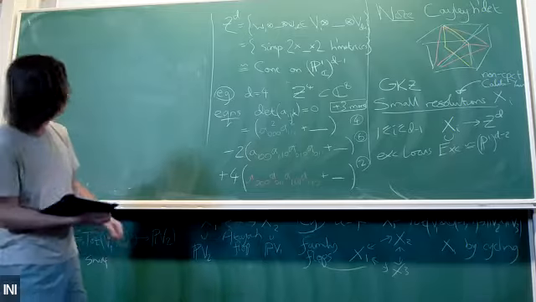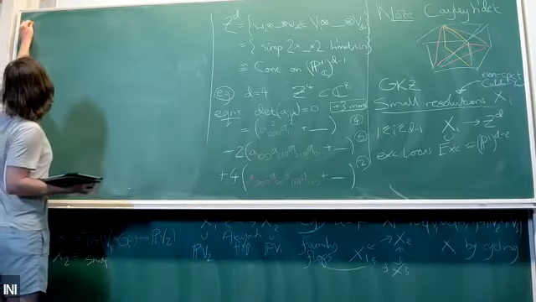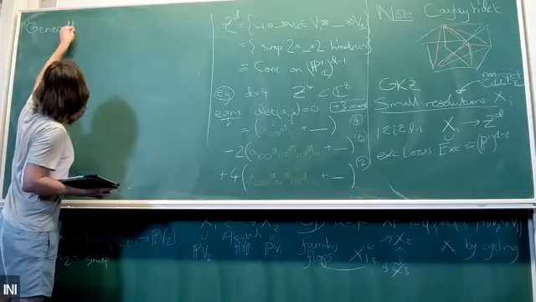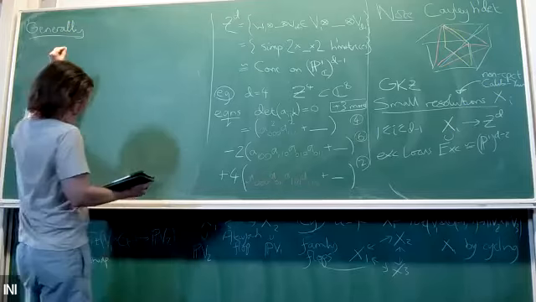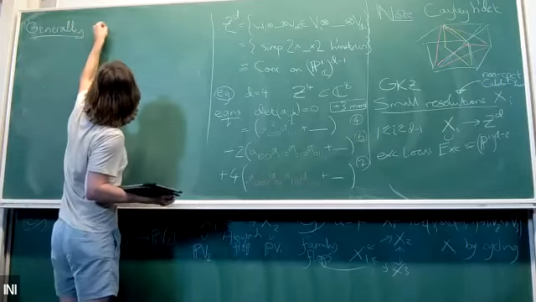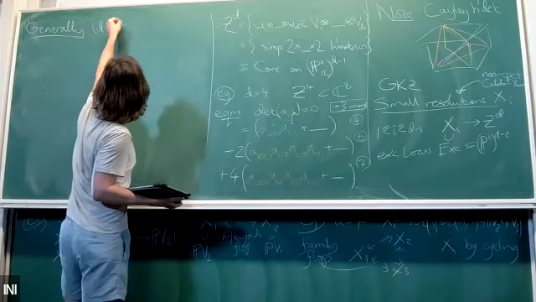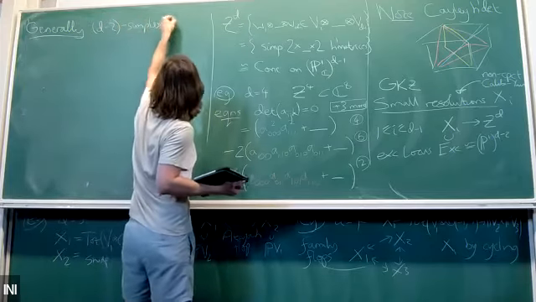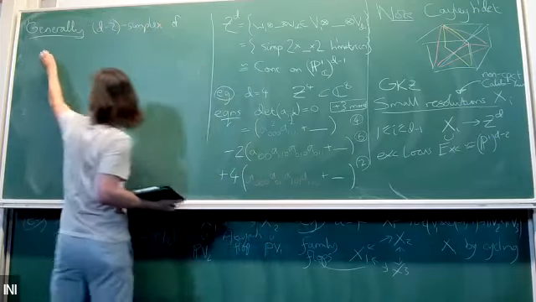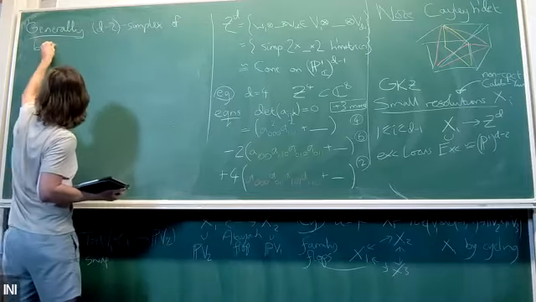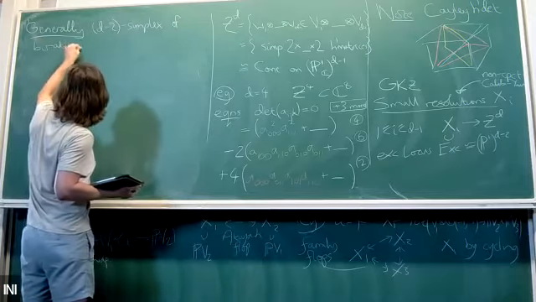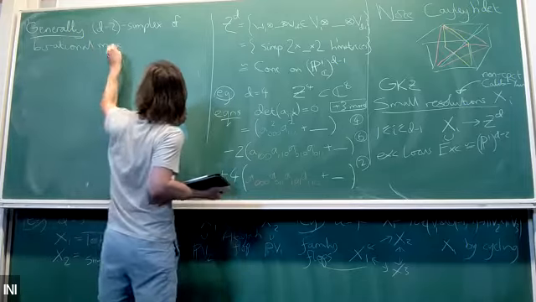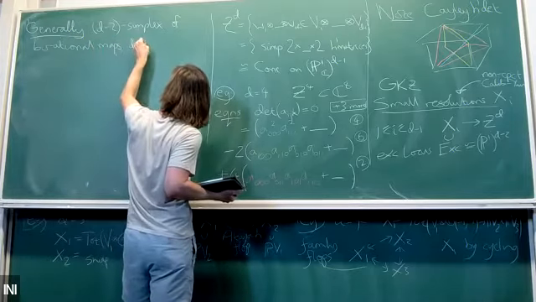Okay, so let me state the general picture then. We have a D-2 simplex of birational maps. They're all dominated by the same thing.